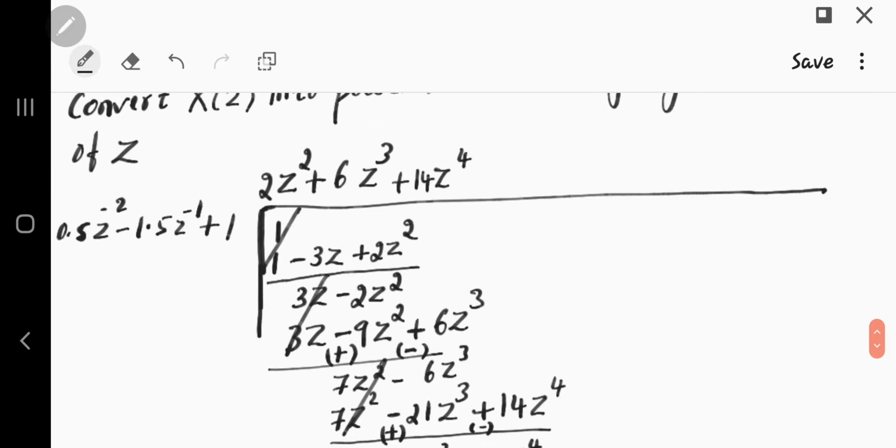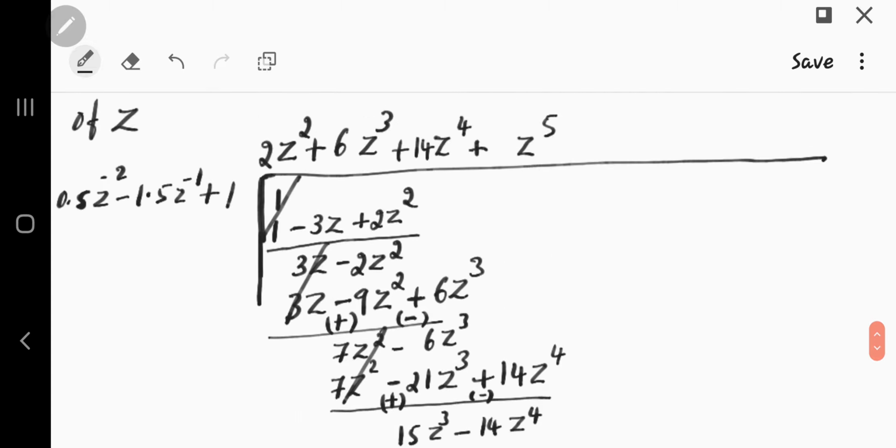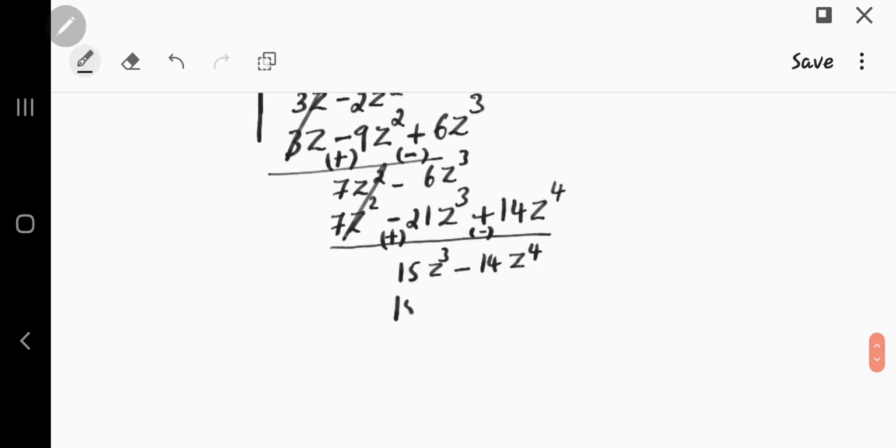So we have done 3 steps. We can go for another 2. For the highest power z5, because I want z cube and z power minus 2 is there, to get 15 I have to multiply this with 30. So 30 into 0.5 gives you 15.